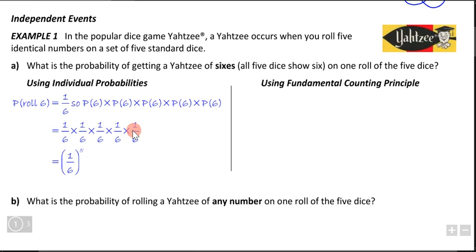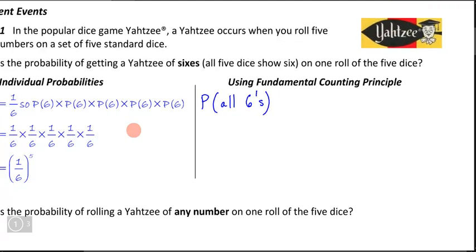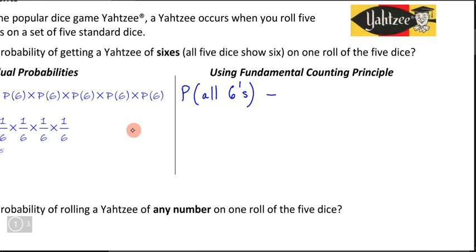But if you use the fundamental counting principle, your event is just simply getting all 6s. How many ways there are to get all 6s is represented by n of all 6s, divided by the number of outcomes in your sample space, so n of s.